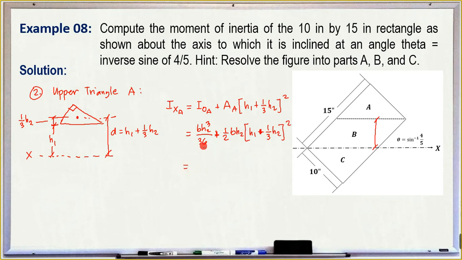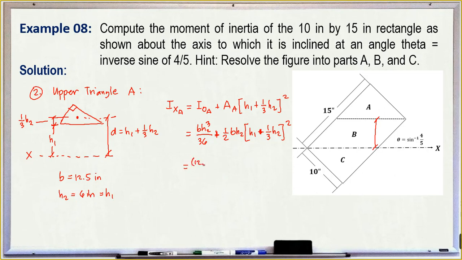So here we plug in the values. Our base is 12.5 inches, then our height 2 is equal to 6 inches, the same thing with the height 1.